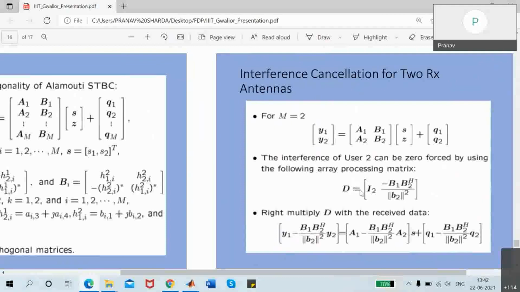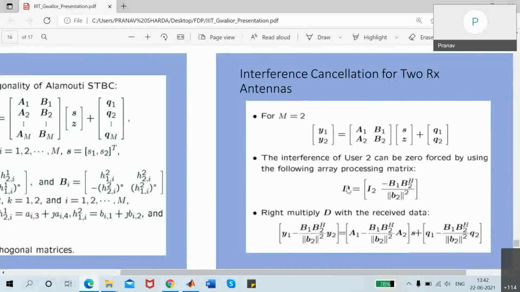This is an interference cancellation matrix D. It has not been designed through hit and trial; it was formulated mathematically to cancel the interference of these two users.